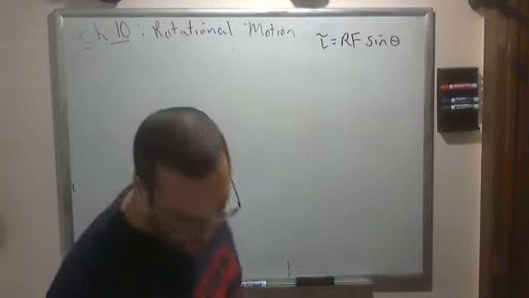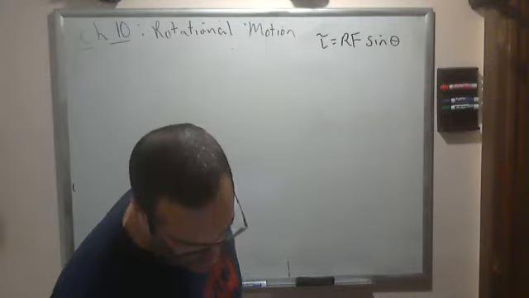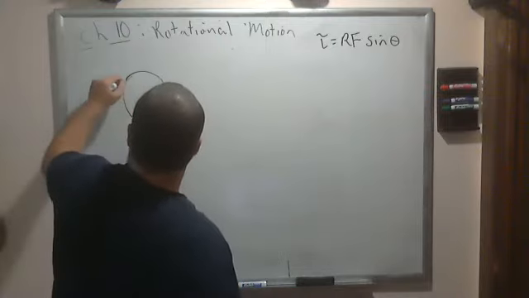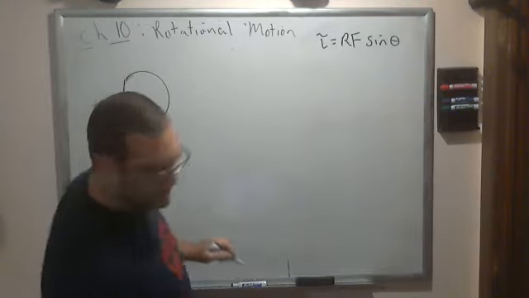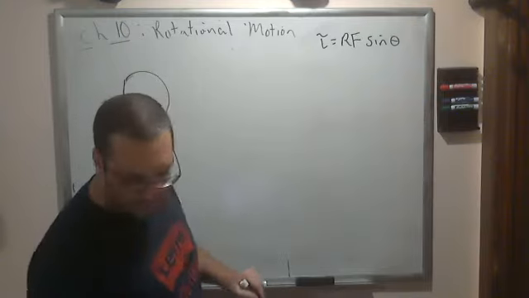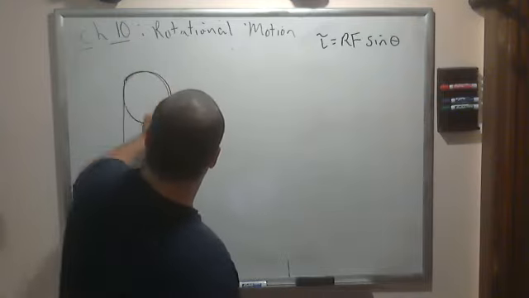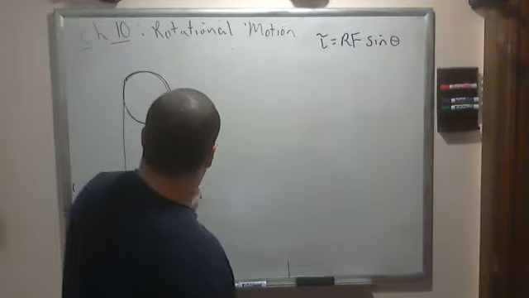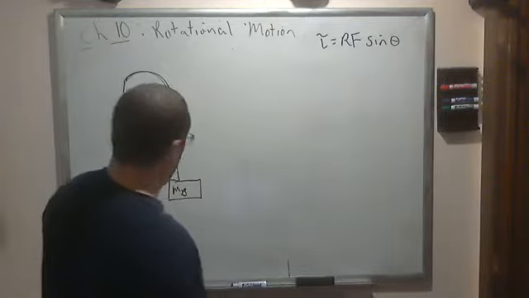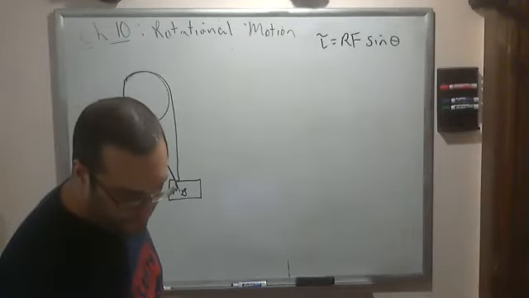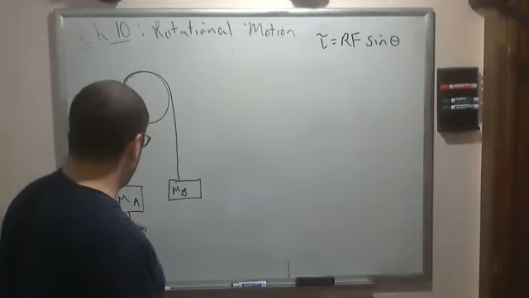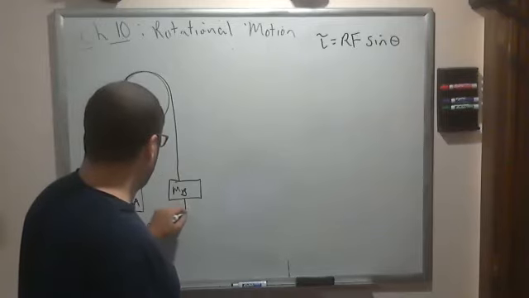So this is Atwood's machine. So let's say we have a pulley, we have a mass on one side, mass A, and it's connected to another mass on the other side, mass B. So that's a rope, right? A massless rope, we should say. And this is mg.